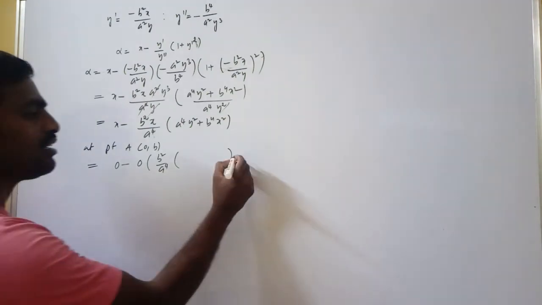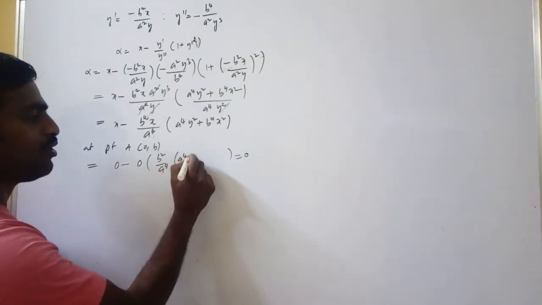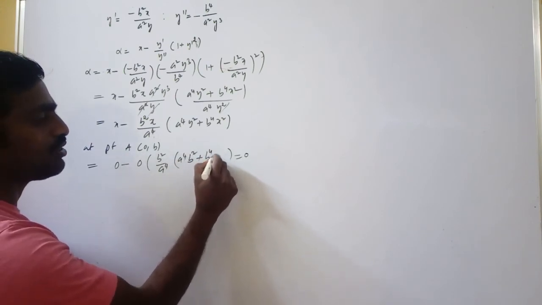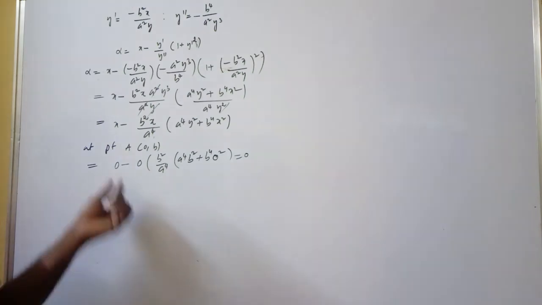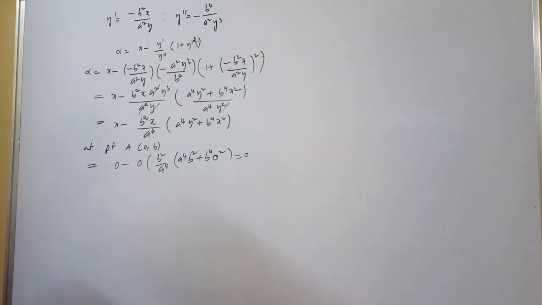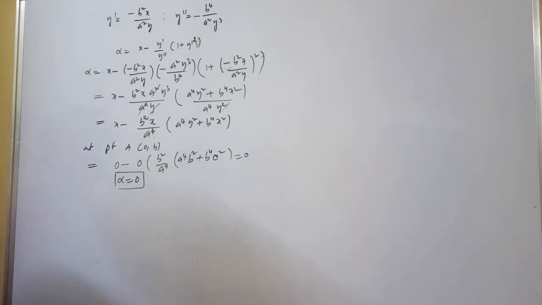So finally what you get is equal to 0. Here a power 4 into b power 2, because the y value is b. Next b power 4 into 0 power 2. So the final value is 0 minus 0 into something, which is 0. Here you get alpha equal to 0. We got the alpha value 0.